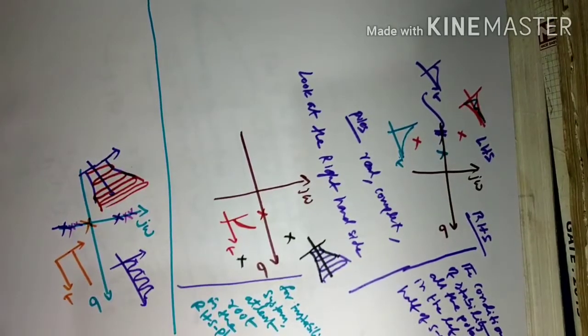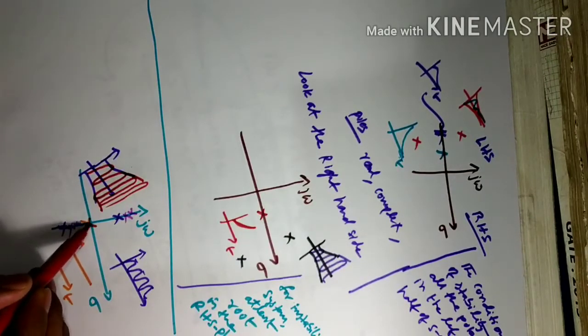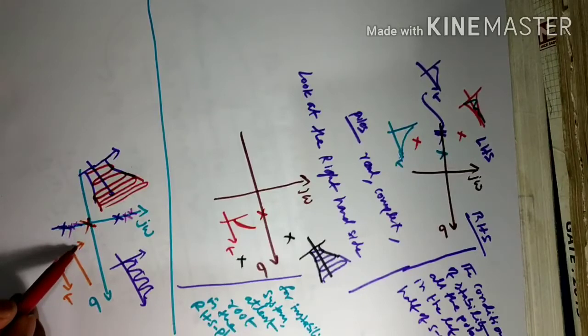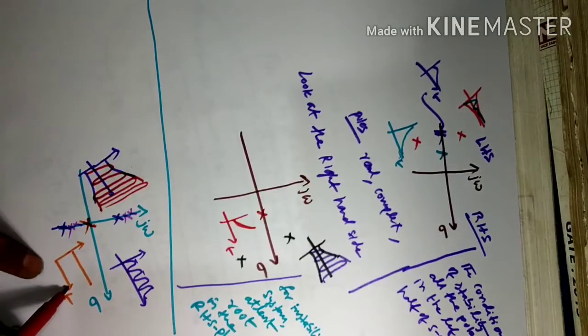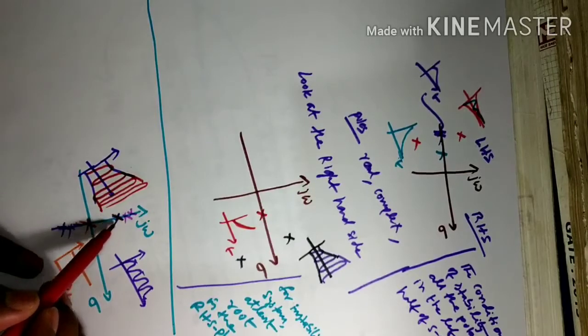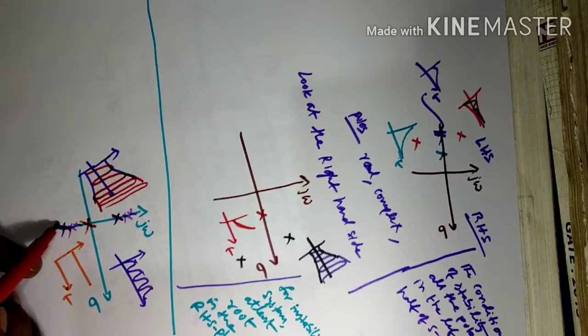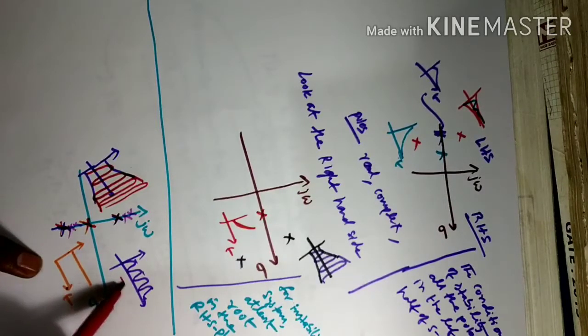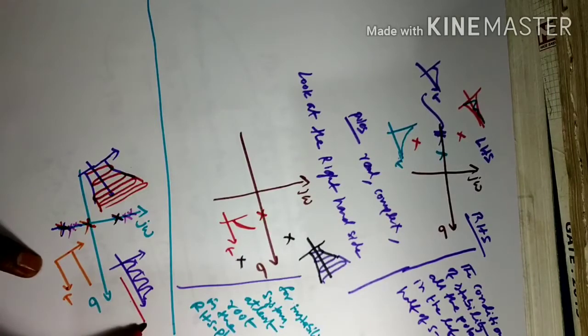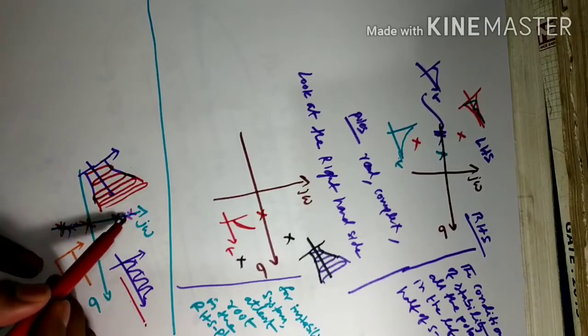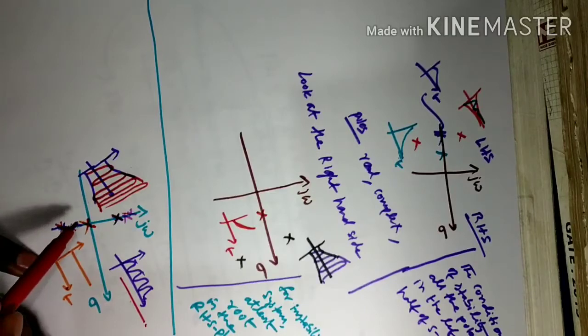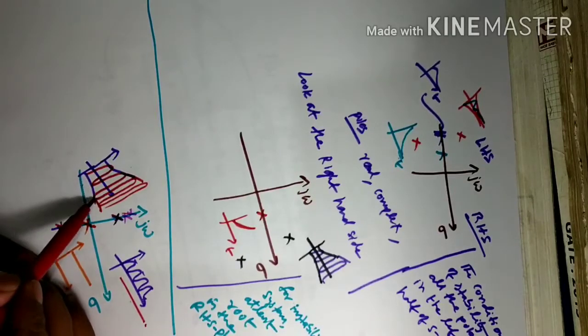Let me revise. First, if a pole is at the origin, you will get this kind of response. This is an unstable system. If a simple pole is on the imaginary axis, you will get an oscillatory response, which leads to instability. If a pole pair is on the imaginary axis, you will get a growing sinusoidal response.